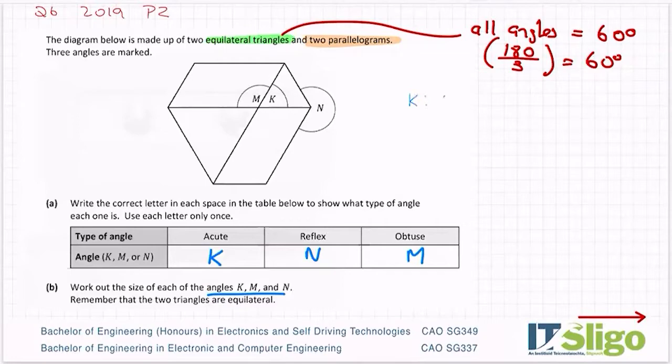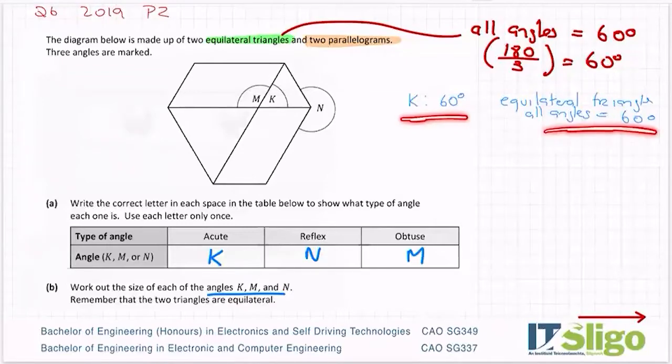So I would give K is 60 degrees, and I would say equilateral triangle, all angles equal 60 degrees. Because remember what I was saying last week or earlier this week, there's no real maths in it. It's proofs and statements, and axioms. So you have to write down the answer, but you have to write down why. That is super important.